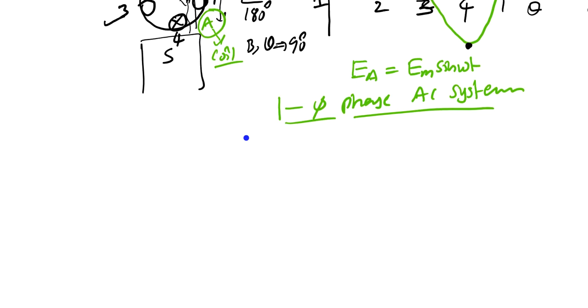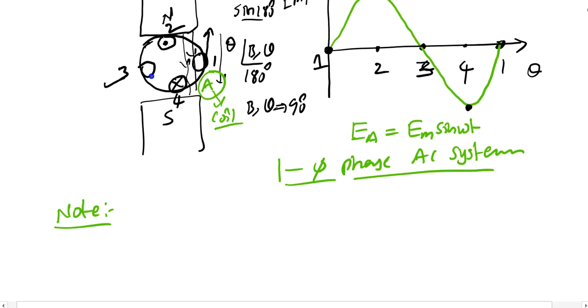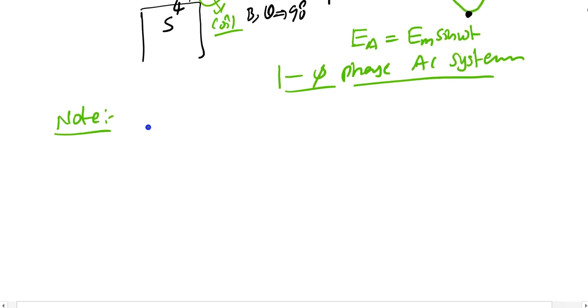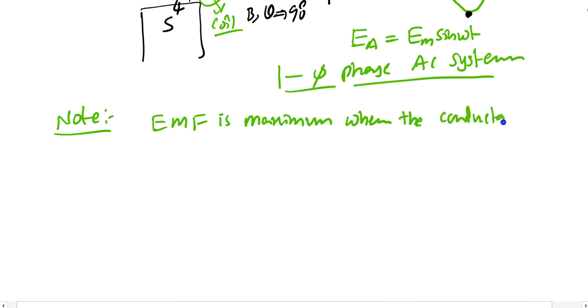The point you need to understand here, take note of this: whenever my conductors are rotating in the magnetic field, the EMF is maximum when the conductor comes under the north or south pole.